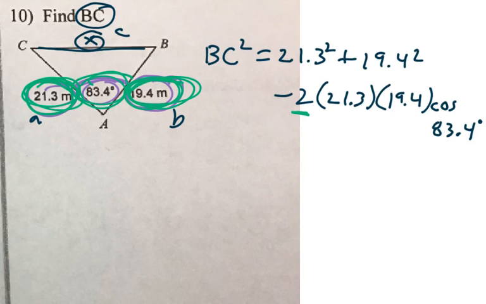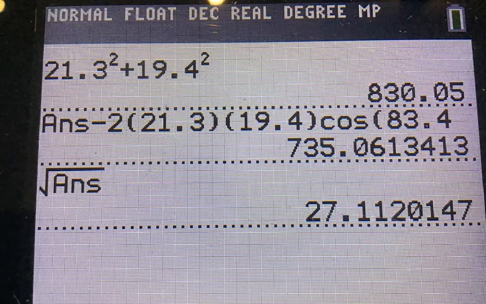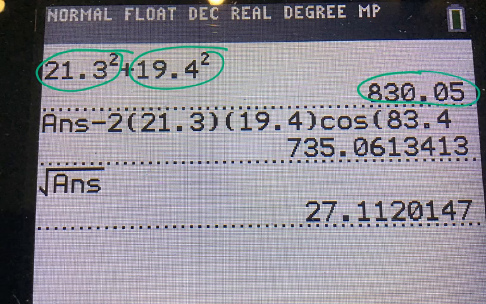So I'm going to do all of this in my calculator. And you should be allowed to do it. As long as you show your work here, guys. And then from there, your teacher should accept any intermediate work. But anyways, getting to the answer, I know that a squared plus b squared is 830.05.